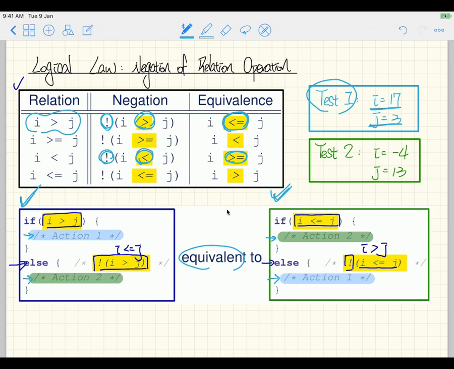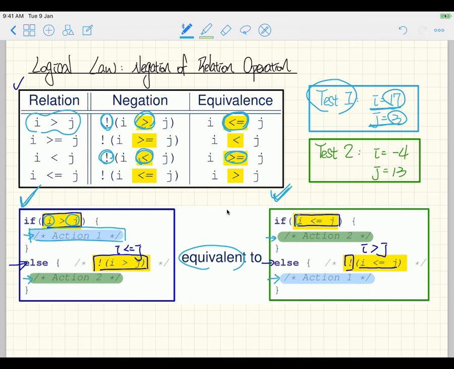In this case, what do we have? When you try to evaluate I larger than J, you got 17 larger than 3, which would be true. So in this case, we're going to execute action 1. It's very straightforward for the left-hand side program, right? It's going to execute action 1. What about the right-hand side? If we claim that the behavior of the two sides are equivalent, they should execute action 1 as well. But how?